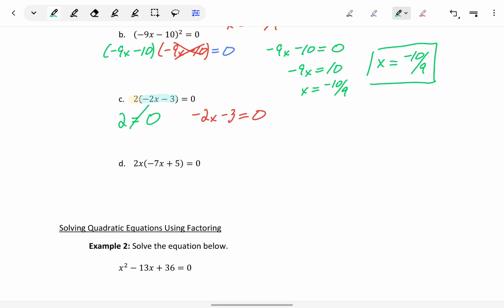So that equation doesn't yield any solutions. But the second equation, negative 2x minus 3 is equal to 0, will give us negative 2x is equal to positive 3, and then dividing by negative 2 will give us x is equal to negative 3 halves. In this case, we set up two different equations, but only one yielded a solution. So there's only one solution to this problem, which is x is equal to negative 3 halves.